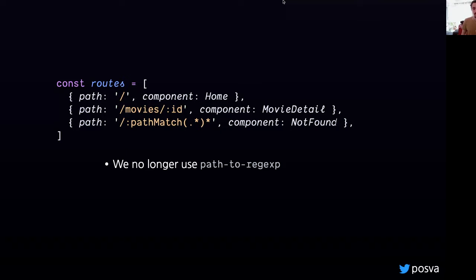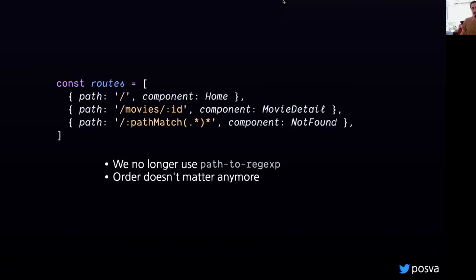We use a custom version of parsing, and we generate the regex ourselves. Not only does this make the router much lighter, but we have much more precise control of how we build these paths and what information we can attach to them.